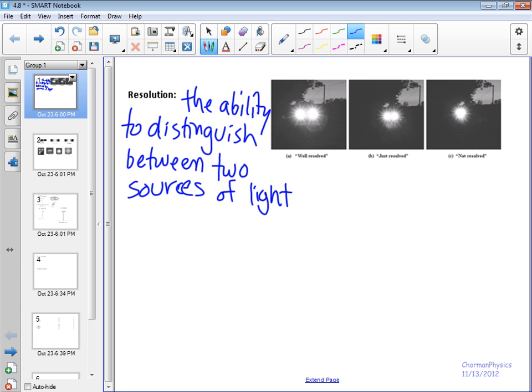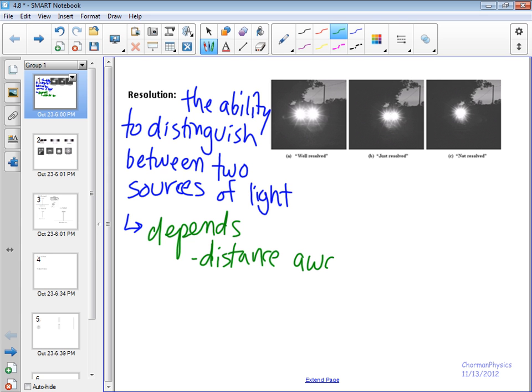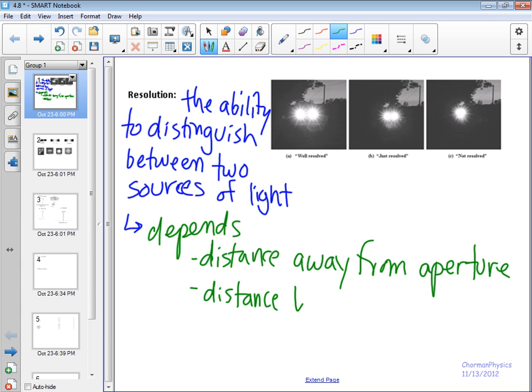So the ability to resolve light is going to depend on a few different things. This depends on the distance from the aperture, in other words, how far the sources are from the opening through which the light passes. The second thing it's going to depend on is the distance or separation between the sources.